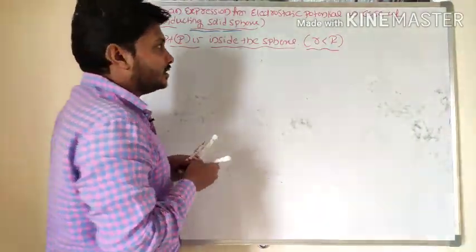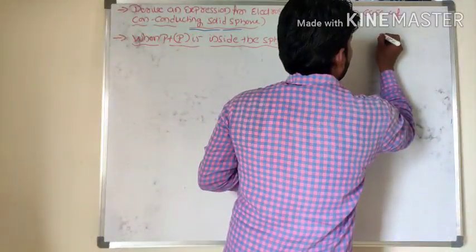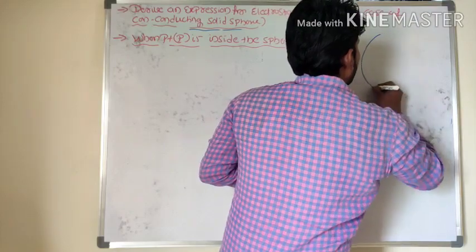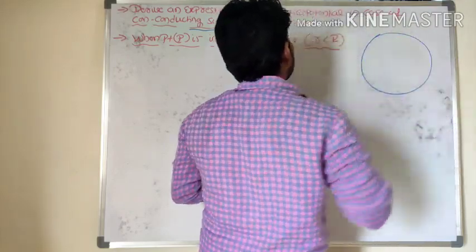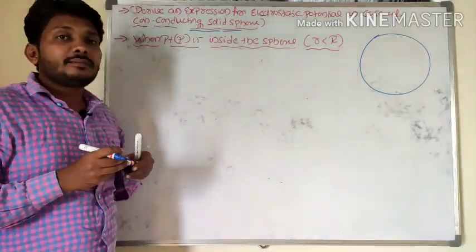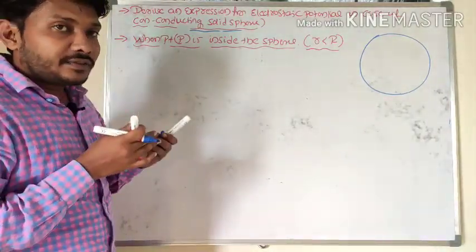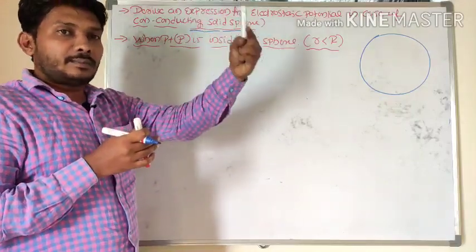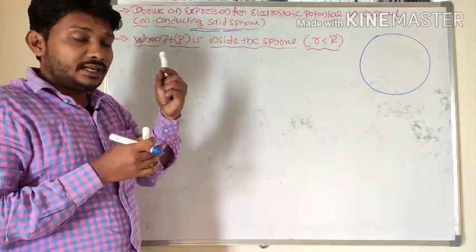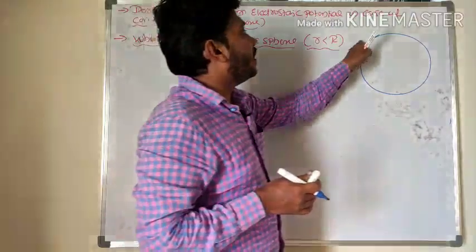So let me draw one solid sphere here. In case of that solid sphere, what is the difference? I said non-conducting solid sphere means charges are present inside the sphere also, but in case of a conducting sphere, charges are present only on the surface.